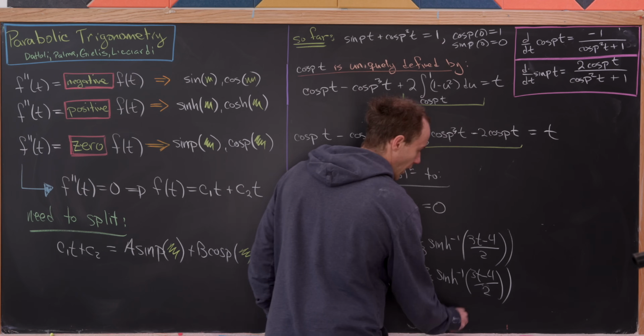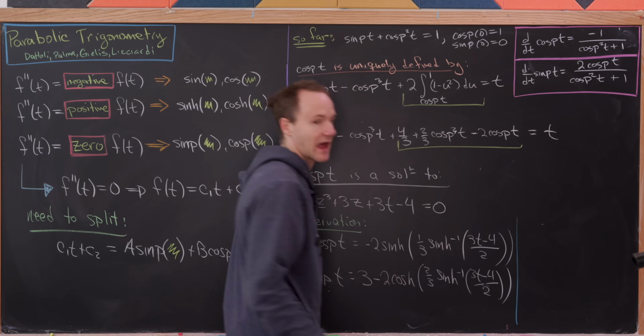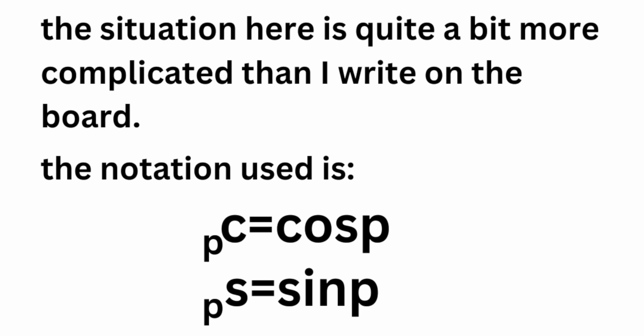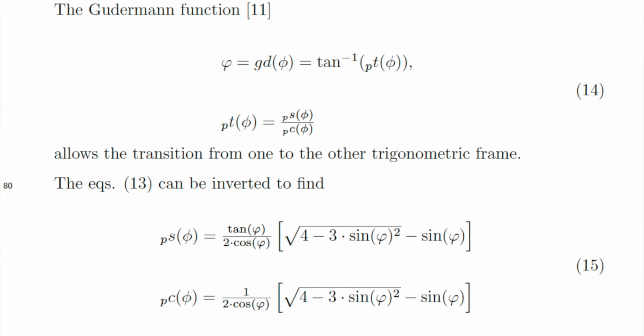And we'll have one more, between parabolic and normal trig functions. And that is the parabolic cosine is equal to 1 over 2 times the normal cosine times the square root of 4 minus sine squared of t, and then minus sine of t. Okay, and then what about for parabolic sine? Well, we're going to have something like this.